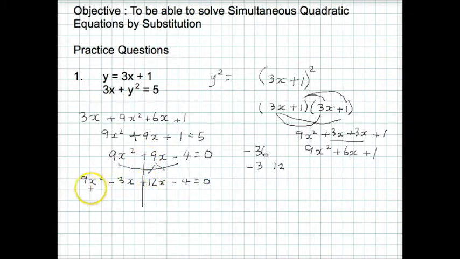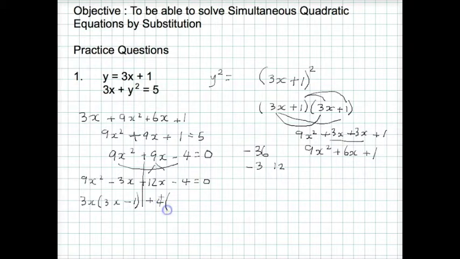So let's factorise this bit first. What occurs in both? Well, 3x occurs in both. Open brackets. 3x times 3x gives 9x squared, and 3x times minus 1 gives us minus 3x. Factorise the second pair. What occurs in both? Well, it's 4. So we write here plus 4.